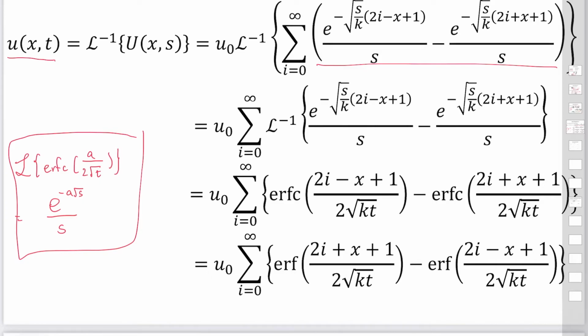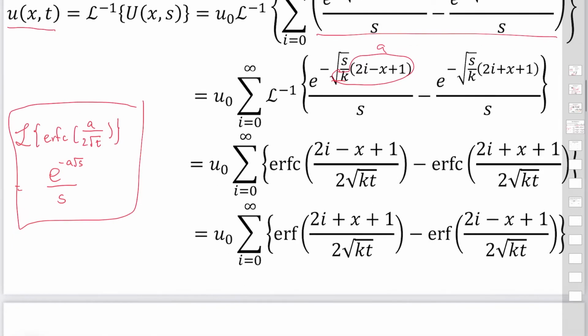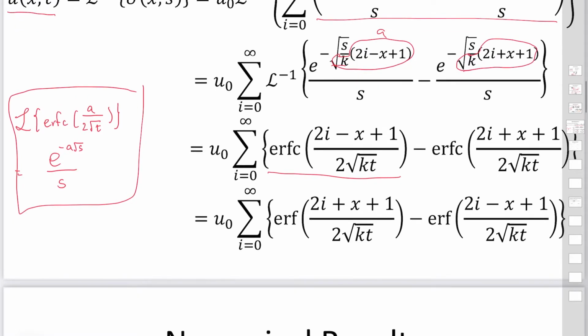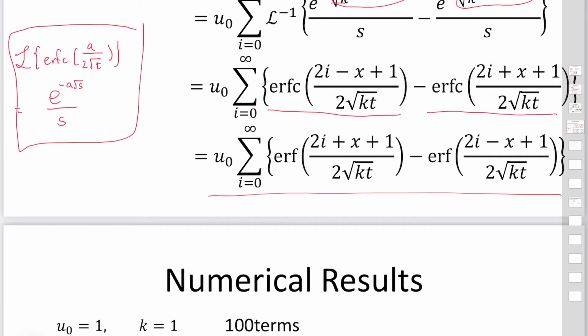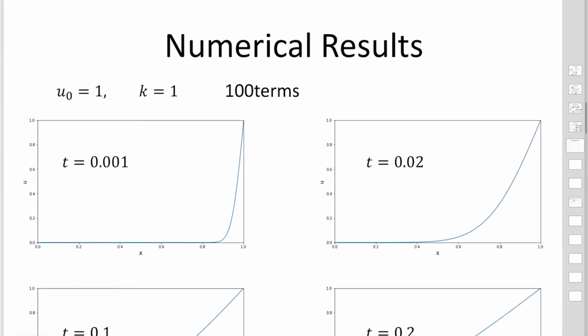We are going to use this equation. This corresponds to a. So the inverse Laplace transform of the first term is given using the complementary error function, and the second term, which corresponds to a, is also expressed with the complementary error function. This is a solution expressed with error functions, or you can express the solution with complementary error functions. Then I'd like to show you the numerical result.